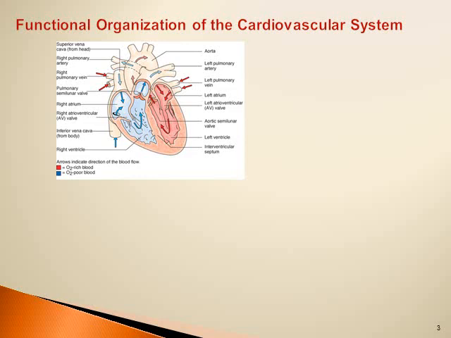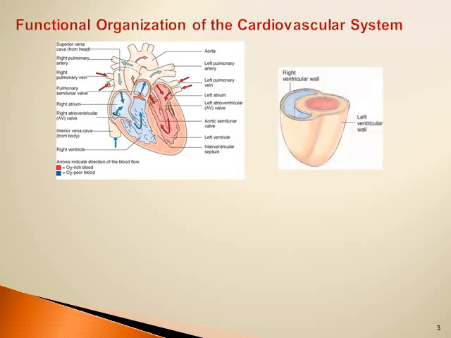The heart is composed of 4 chambers, 2 atria and 2 ventricles: the right and left atria, and the right and left ventricles. The chambers are separated by interatrial septum and interventricular septum, and also the heart has 4 valves that secure unidirectional blood flow, or blood flow in one direction.